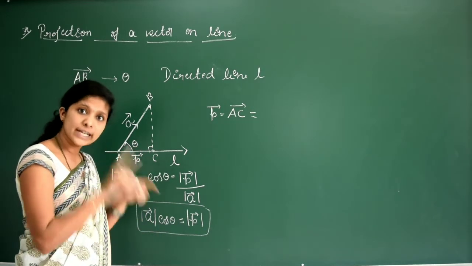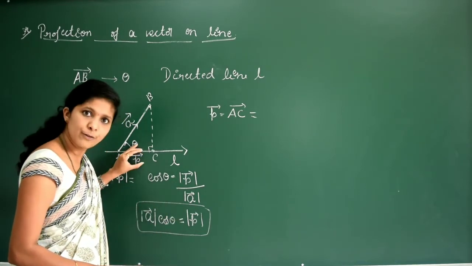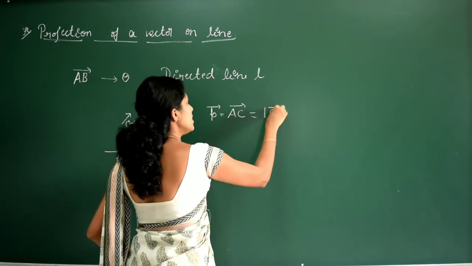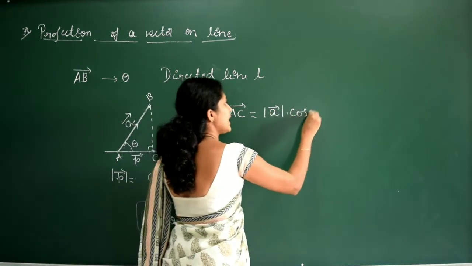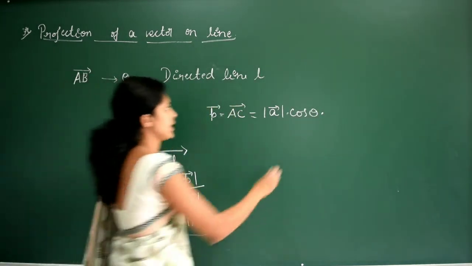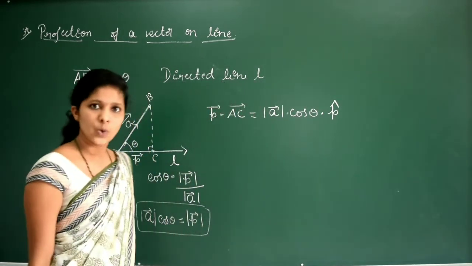But to find the vector P, you have to multiply this with the unit vector P cap. So that will be magnitude of A vector cos theta into P cap. Clear? So this gives you the vector.